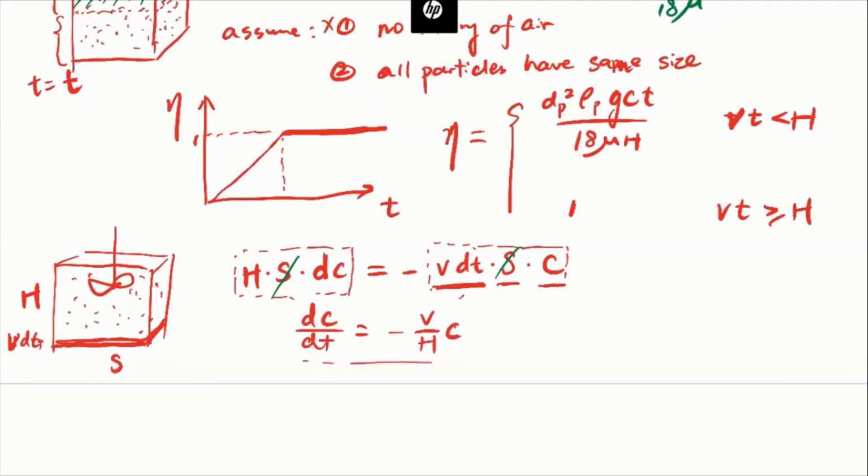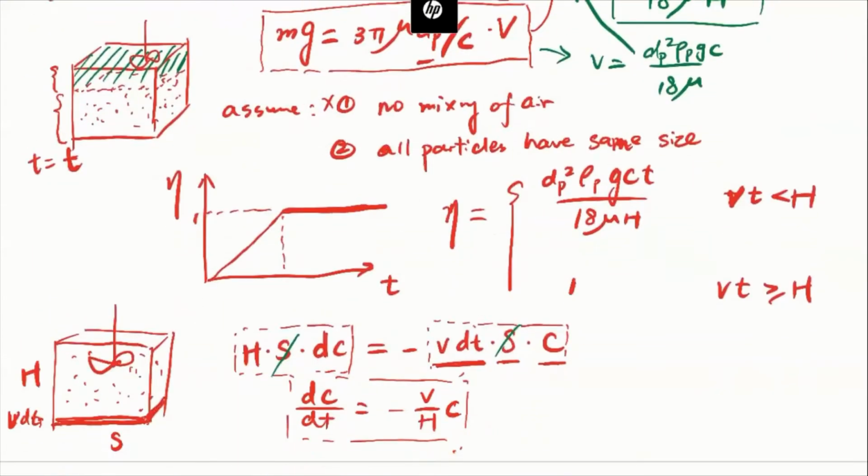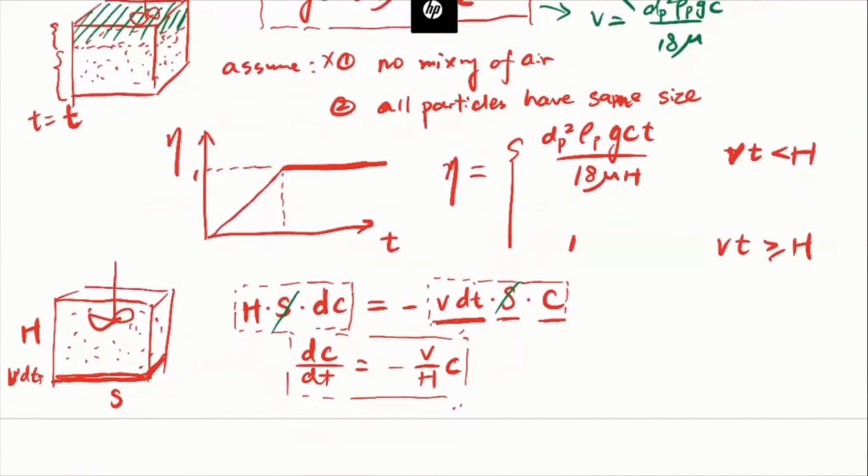So we have a differential equation. Instead of the linear relationship, now we have a differential equation, and this is quite straightforward to solve. We have C equal to C0 times exponential of minus V divided by H multiplied by t.